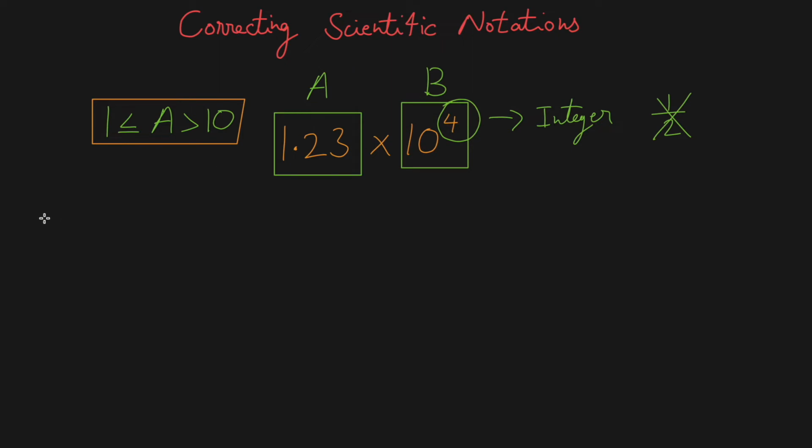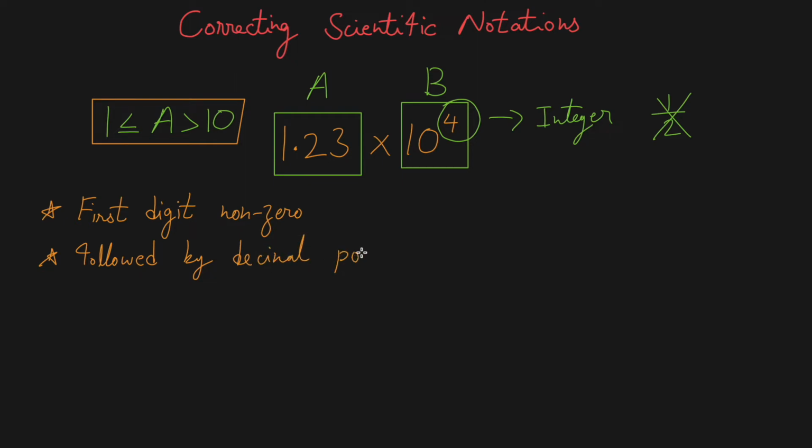For your convenience, I think I should write them: first digit non-zero, and then followed by decimal point. Please don't mind my bad handwriting here. And then in a more mathematical sense, we have this one: the part a should be greater than or equal to 1, but less than 10, and the exponent is an integer.